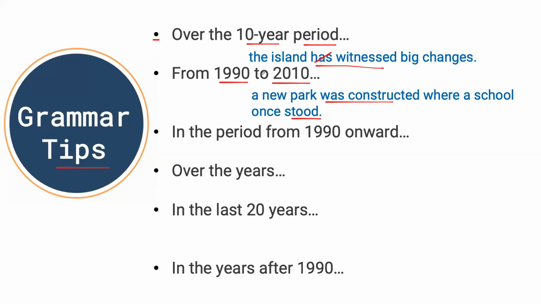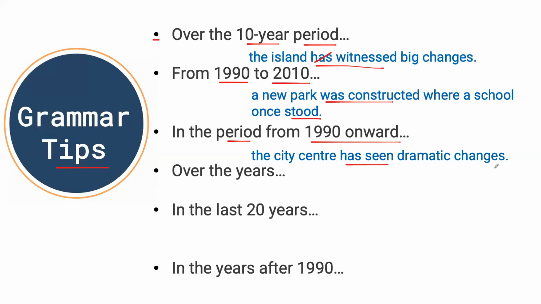So that means this is finished, it's in the past. Remember, you want to use past simple for a finished action in the past. Now let's look here. In the period from 1990 onward, very important this word, onward, the city center has seen dramatic changes. So onward still continues into present day, which is why we would use present perfect.